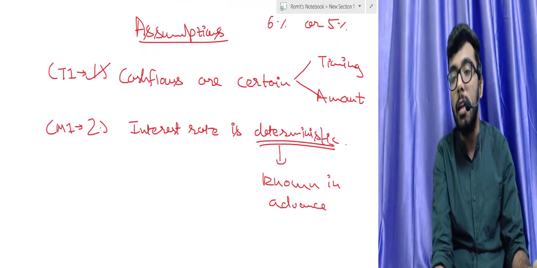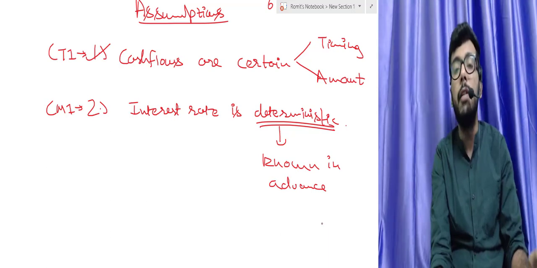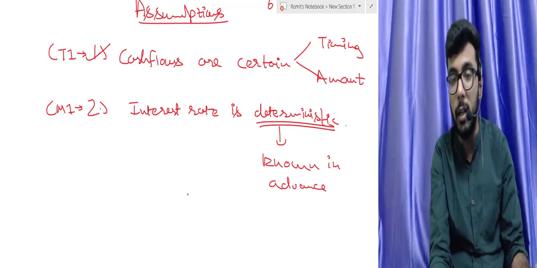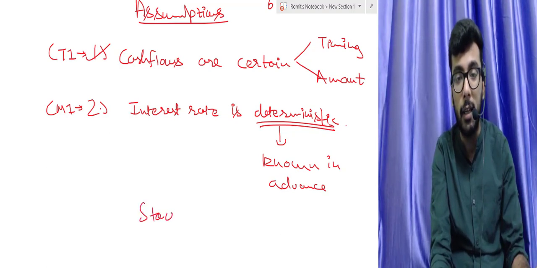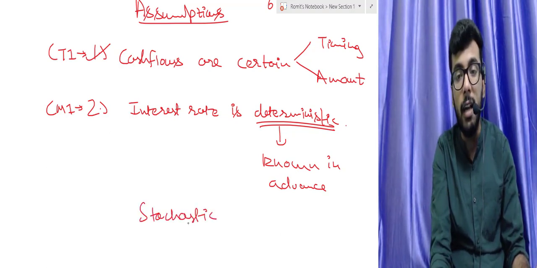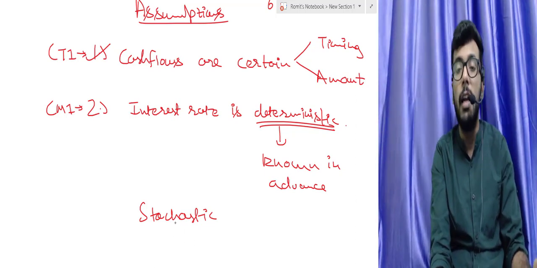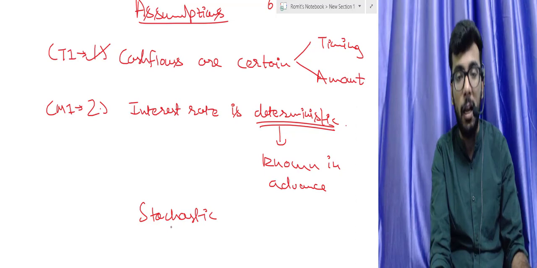This is not a realistic assumption. Why? Because in real life this interest rate is not deterministic, it is stochastic. That is, interest rate is never known in advance. Certainly it can change in the future. It is determined by the central bank of the economy.